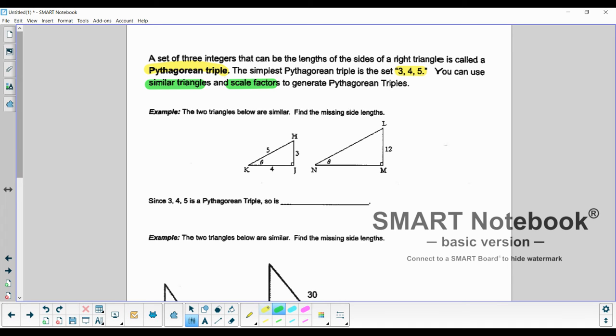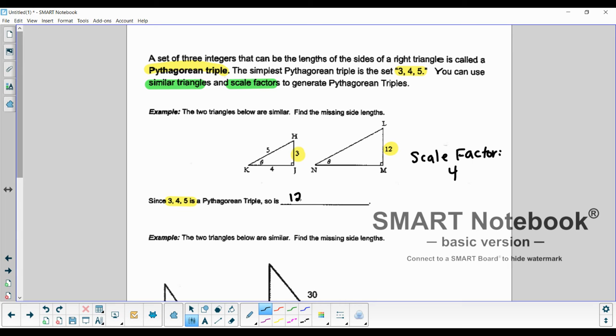So here, since we know 3, 4, 5 is a Pythagorean triple, what is our scale factor? To get from 3 to 12, we have a scale factor of 4, right? Because 3 times 4 is 12. So we're going to literally multiply all of the sides by 4.